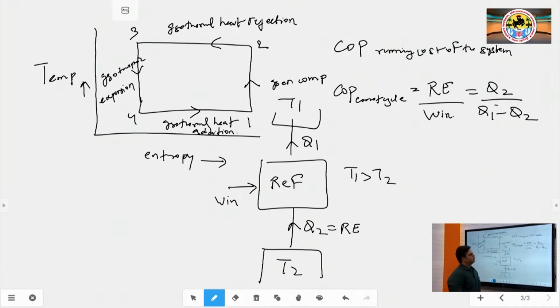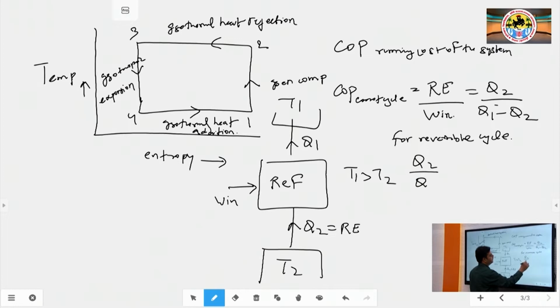So, for a reversible cycle, Q2 upon Q1 is equal to T2 upon T1.